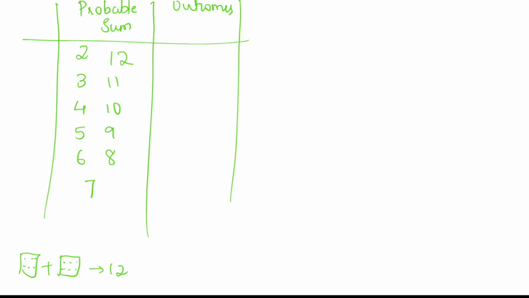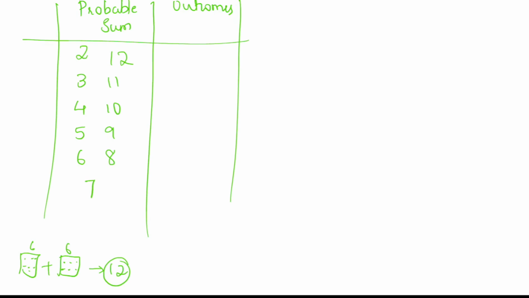Can we get above this? No, because 6 is the largest number we can get on a dice. Any number less than 6 will keep the sum within 12 only. The maximum is 6 and the maximum sum is 12.